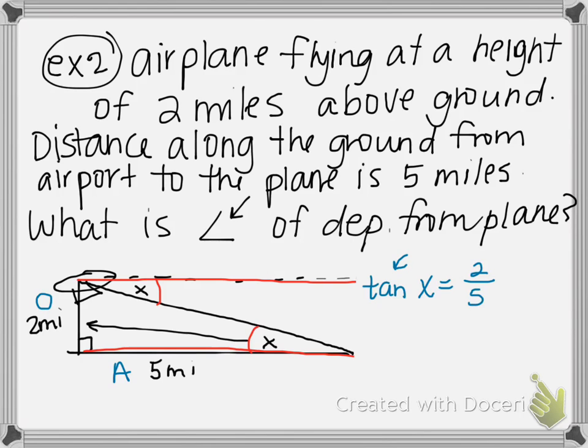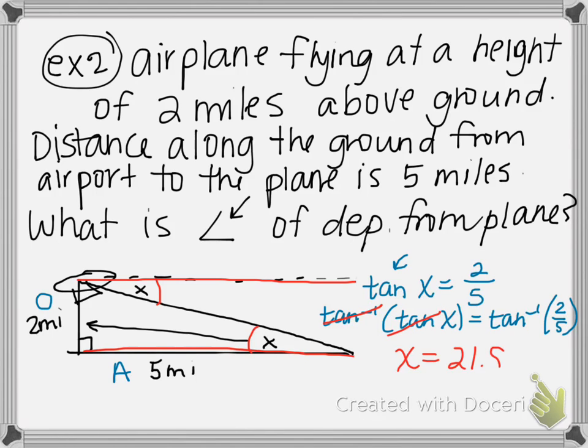So since we're using tangent, we're going to use tangent inverse of both sides so we can find out what the angle of depression is. So when we do the tangent inverse, that goes away and x now becomes 21.8 degrees. And so that is the angle of depression from the airplane, or the angle of elevation from the airport. So either one, they'll both be the same. Now remember, before you start doing any of this, make sure your calculator is in degree mode, or else it will give you strange answers.